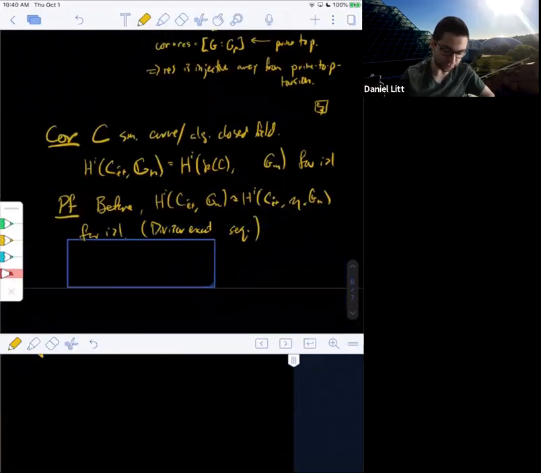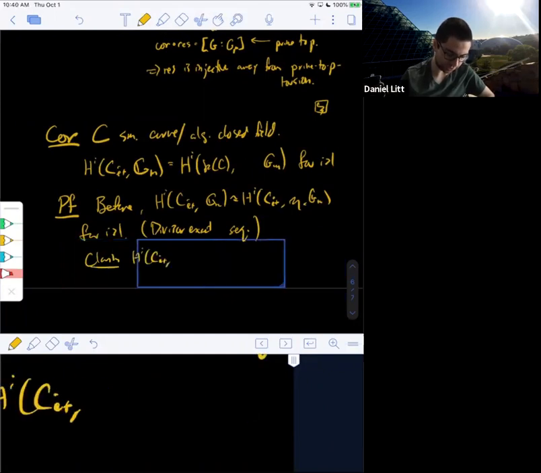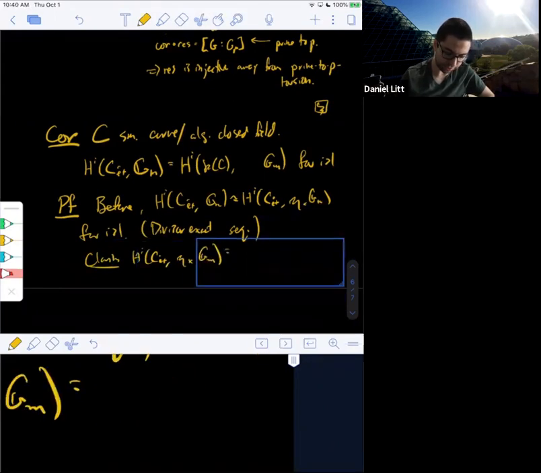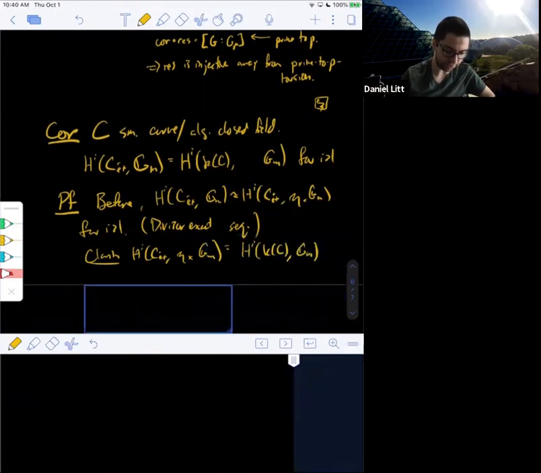So now the claim is actually that H^i of C étale with coefficients in eta star Gm is isomorphic to H^i of K of C with coefficients in Gm. And the proof of this claim is the Leray spectral sequence.